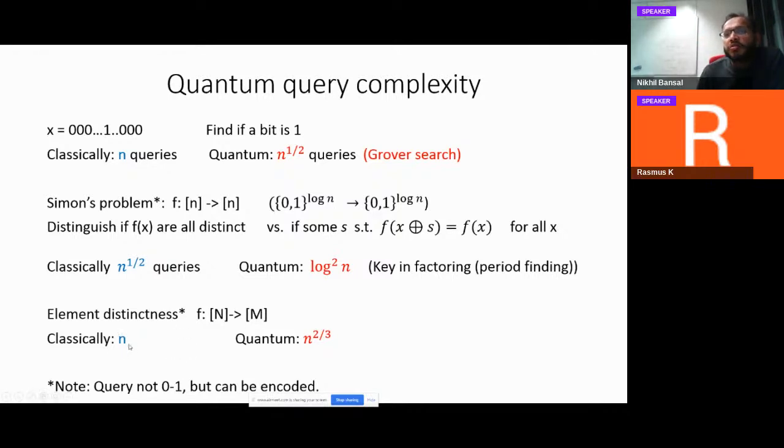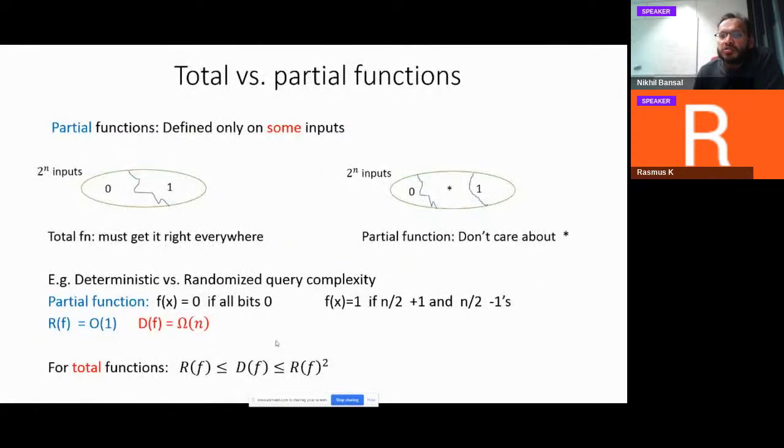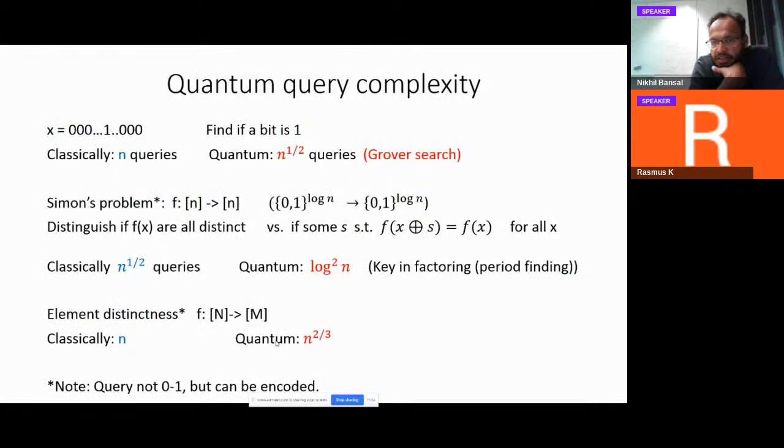Classically, you need about n queries, and quantum you can do better, right? So somehow you can really exploit this superposition in non-trivial ways. And the whole game in quantum versus classical query complexity is to understand what's the extra power that quantum is buying you over classical. Okay.